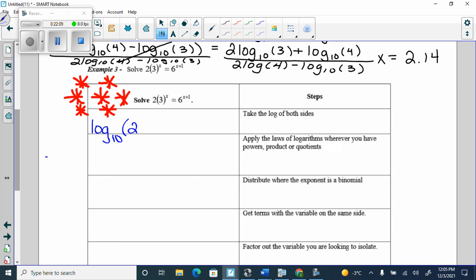It's 2 times 3 to the x equals log base 10 of 6 to the x plus 1. Now this is where the power rule, or the product rule that I told you at the beginning, comes into effect. So step 1 is log base 10 of both sides, and then we have to do the product rule.